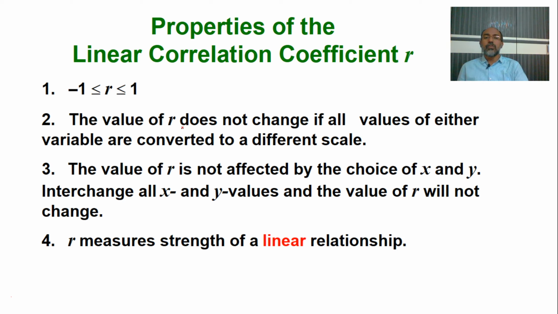The value of r does not change if the values of either variable are converted to different scales. If you proportionately change the values, the correlation value r cannot change, because both variables are changing in the same proportion. So if you change to different scales, there is no problem.